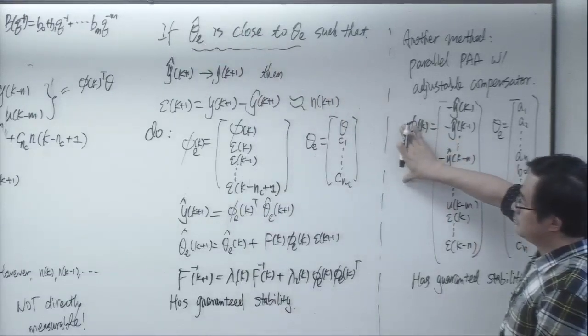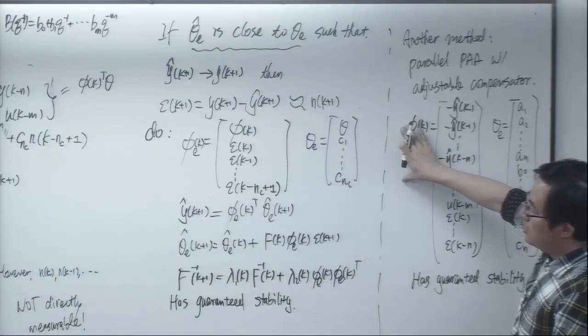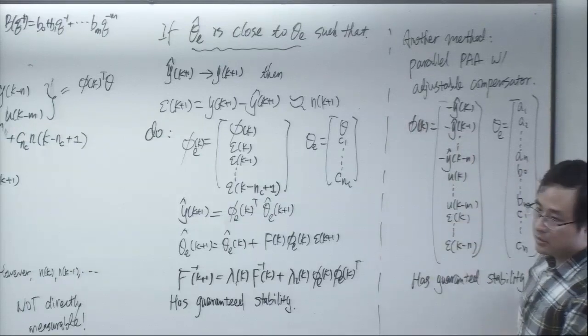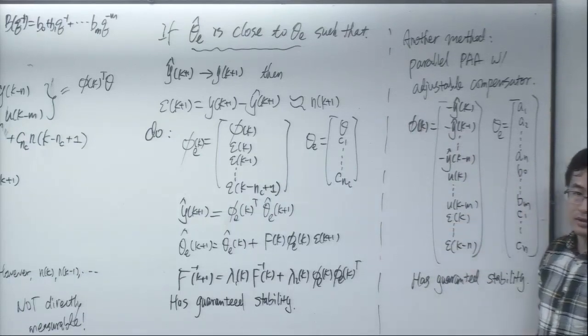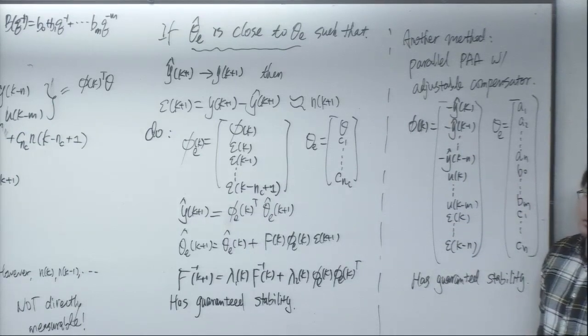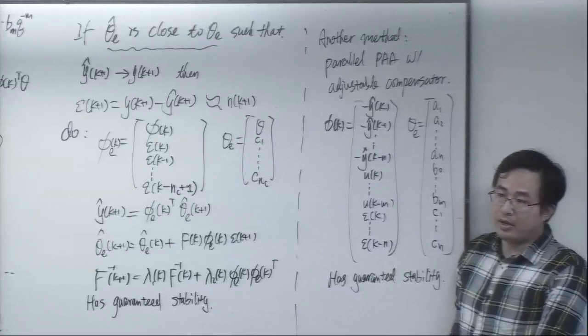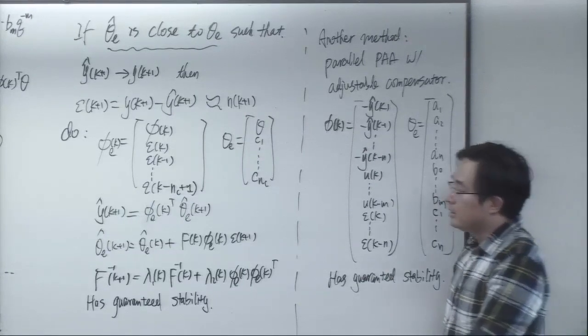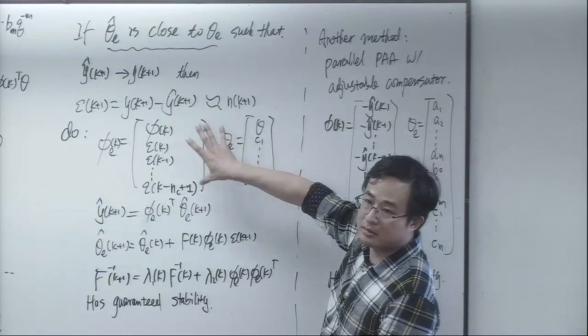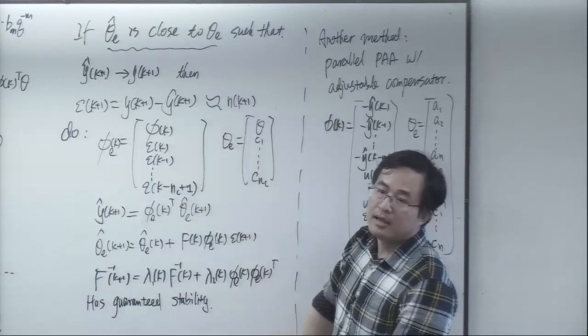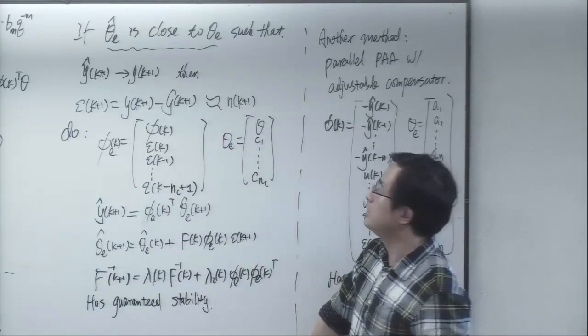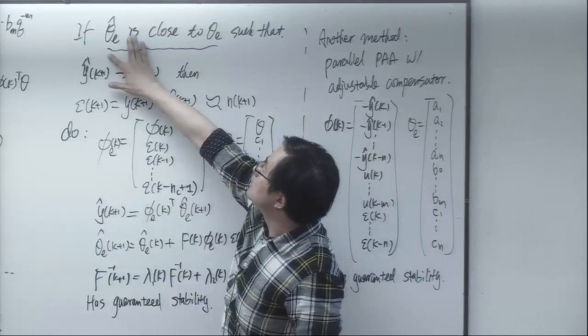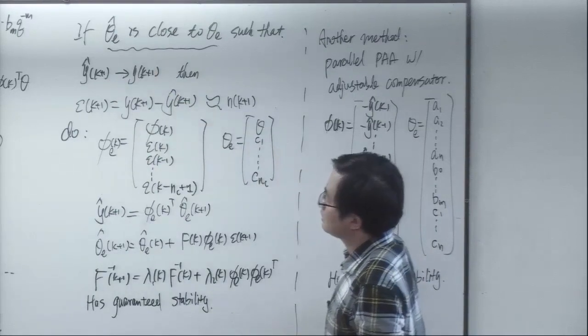In practice, one way that people would do to counteract the local convergence is to first try to get a good, reasonable, not 100% accurate, but maybe 50, 60, 70% accurate version of the parameters by, let's say, standard least squares.